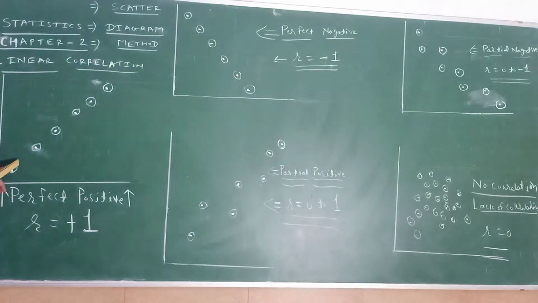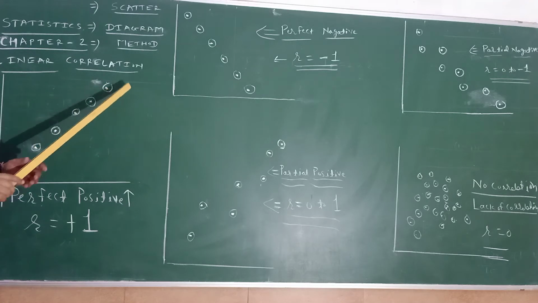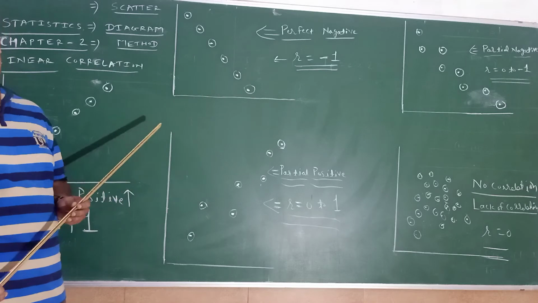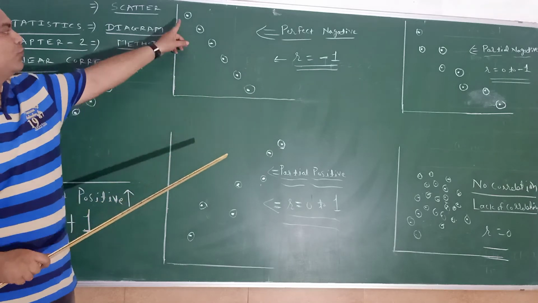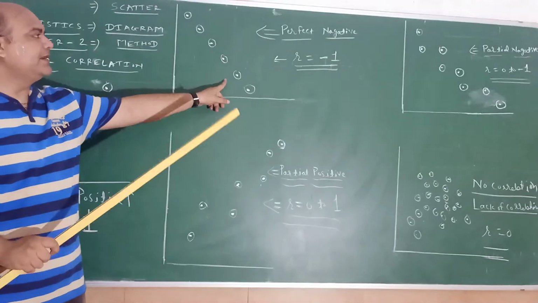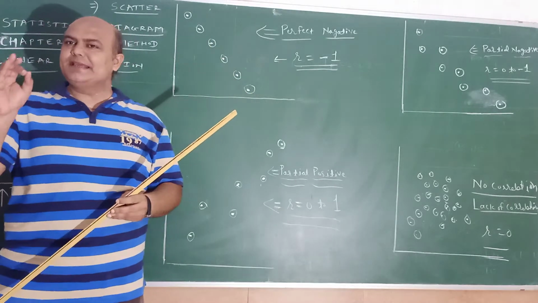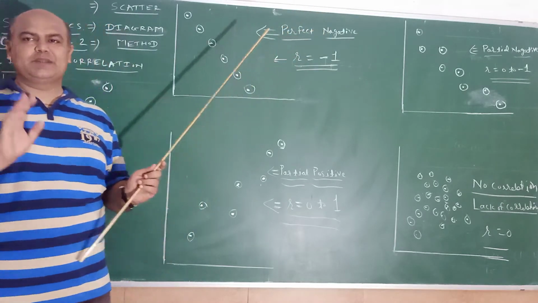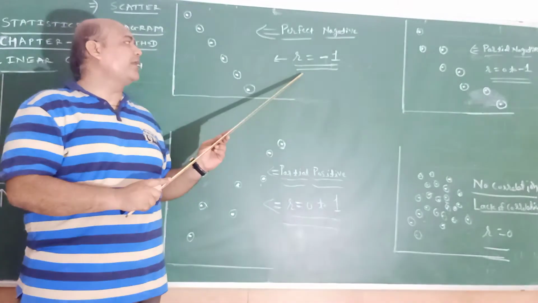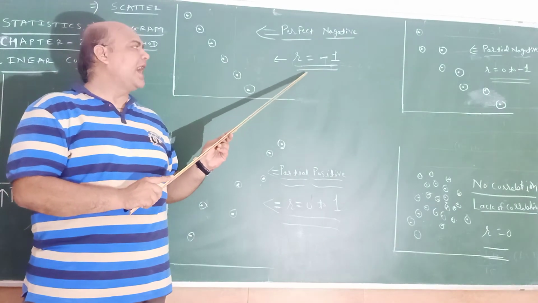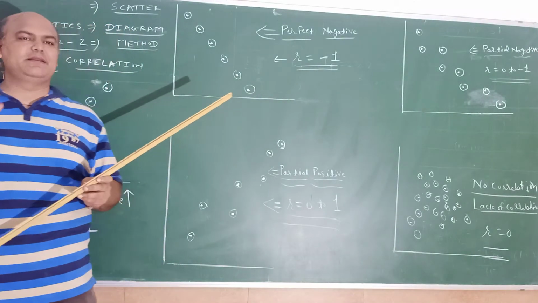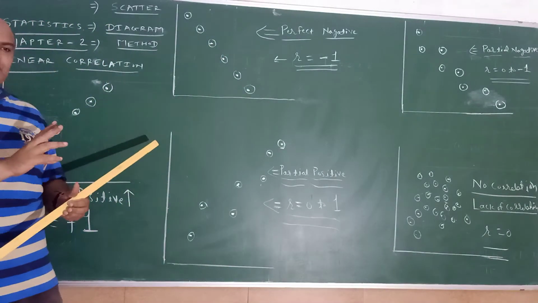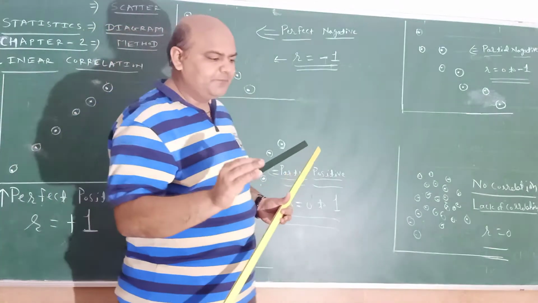See here, it is moving upward, but here the dots are moving downward, and in a straight way they move. Then such a correlation is known as perfect negative correlation. The answer in perfect negative correlation is always r equals -1. Always it is -1. So, a downward slope in a straight way.